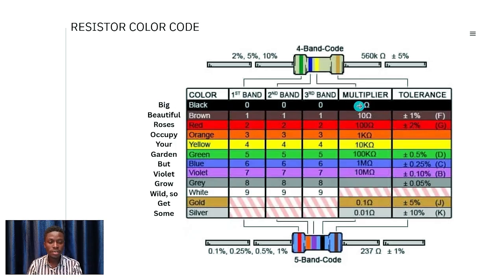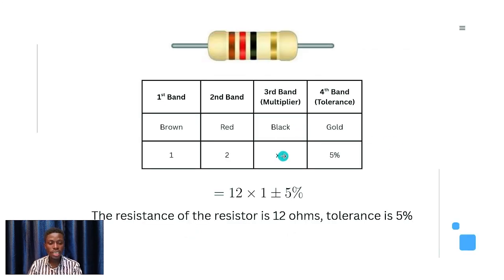Do you get that? Multiply by 1. So the resistance of this resistor is 12 multiplied by 1, which is 12 ohms. Simple. 12 ohms. Now the last band here, which is the fourth band, is the tolerance.